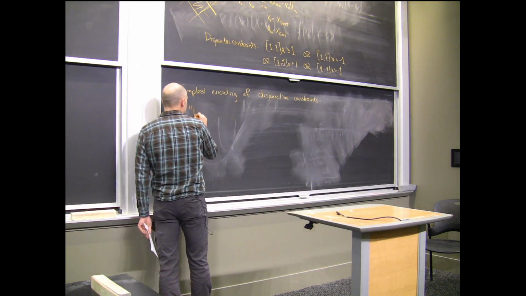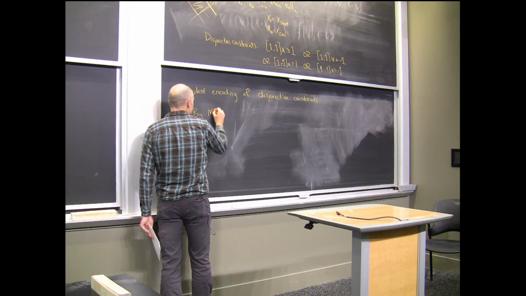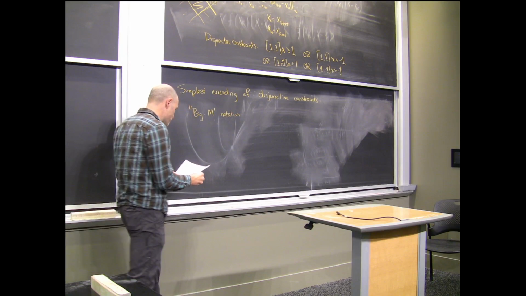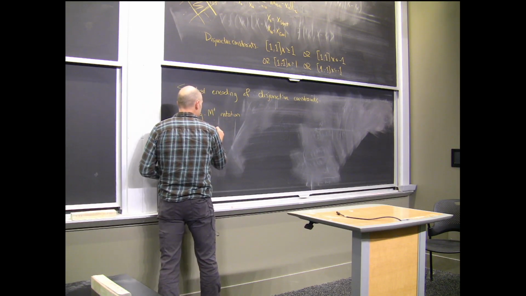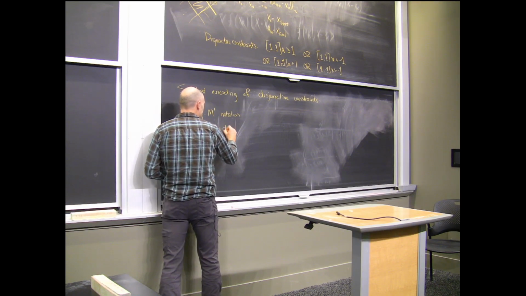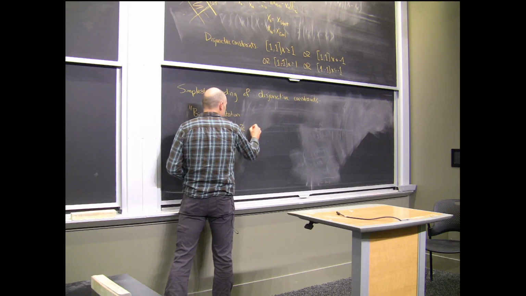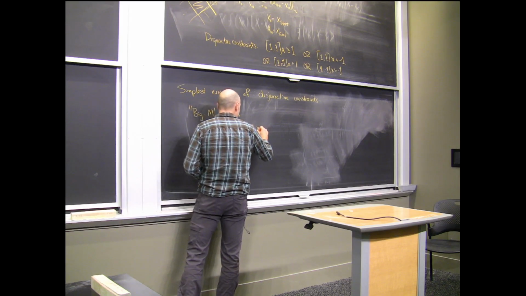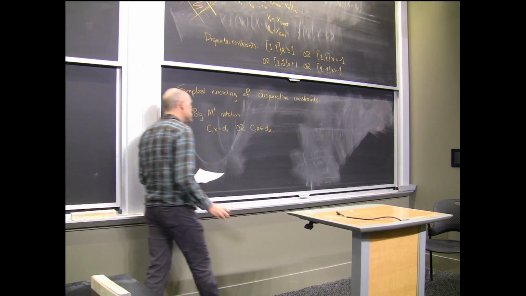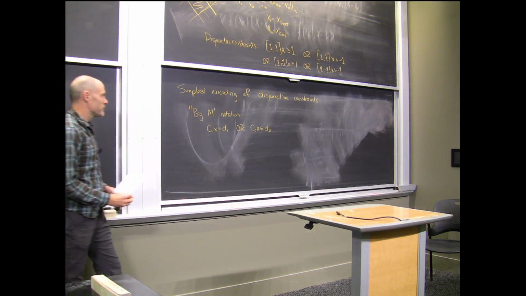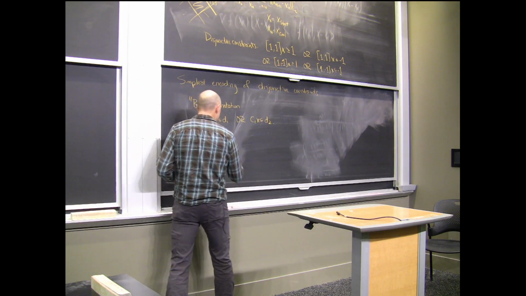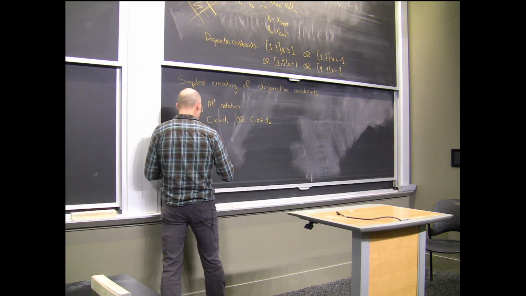You might have heard of the big M notation. Say I have C1 x less than or equal to D1, or C2 x less than or equal to D2.